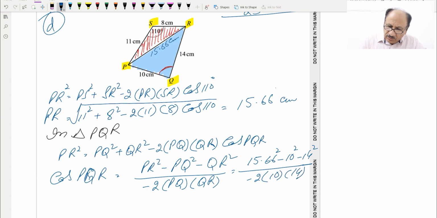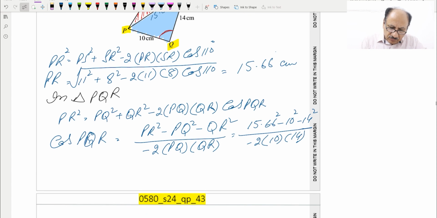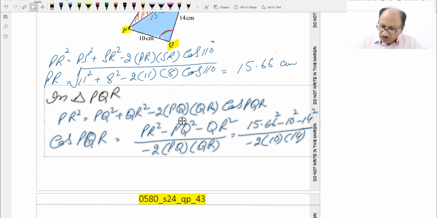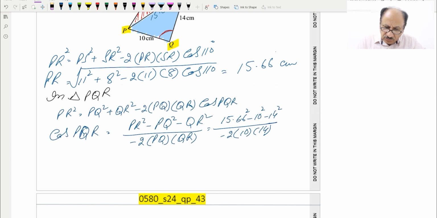And we can write this angle also. So what I will do, I will just reduce this portion a little so that we can have space for this. Okay, so this is done.